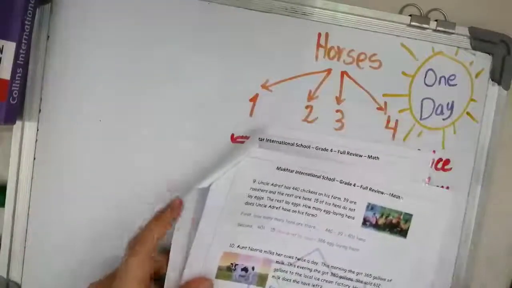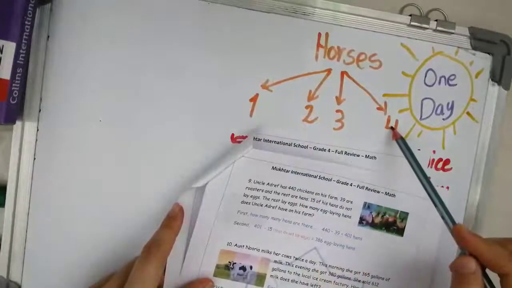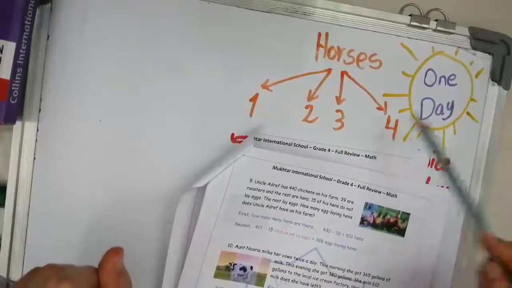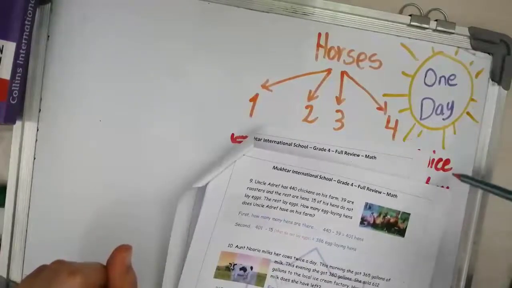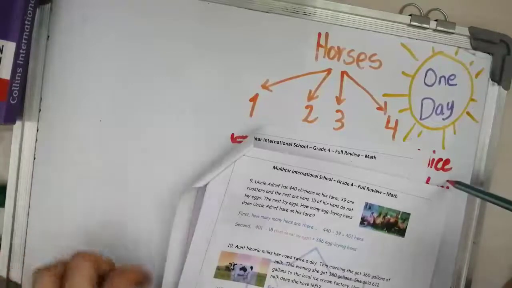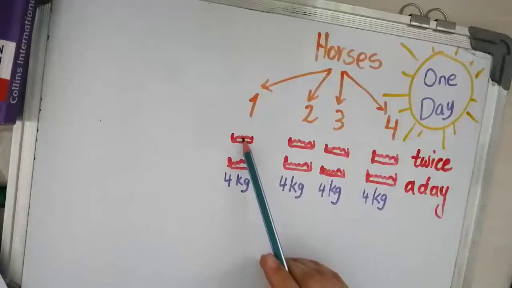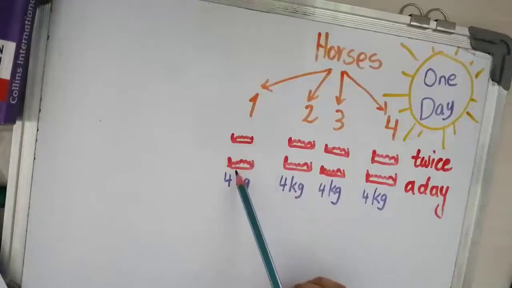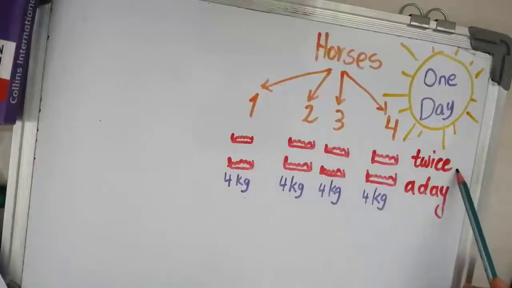I have 4 horses. 1, 2, 3, 4. For each horse, Bara has to feed it twice a day, 4 kilograms of oats. So for horse number 1, 4 kilograms for the first time, 4 kilograms for the second time, because the question said twice a day.